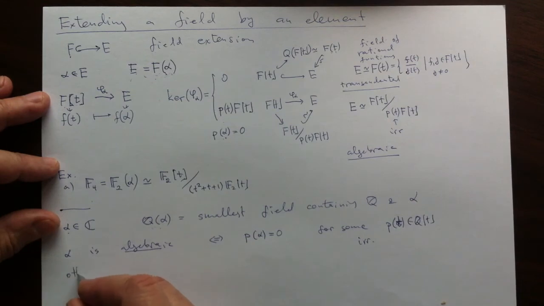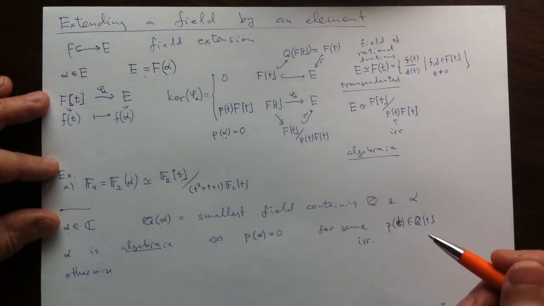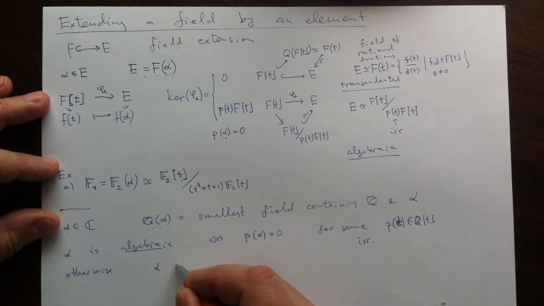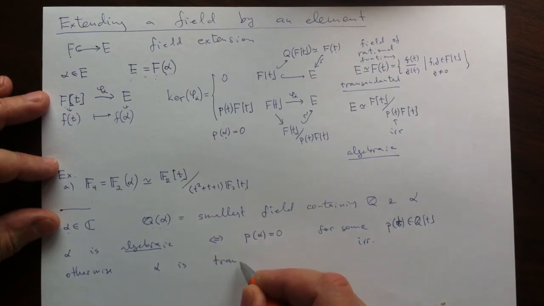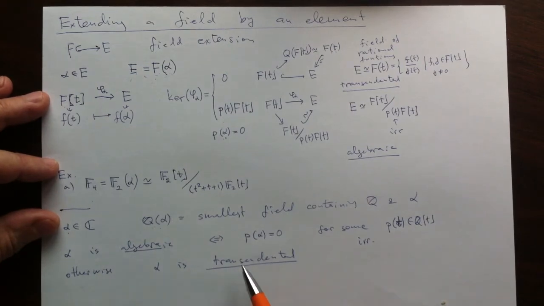And otherwise, if there are no polynomials for which alpha is a root, if alpha is not a root of any polynomial, alpha is called transcendental. And you could see by some counting arguments that the majority of numbers are transcendental. The majority of complex numbers are not roots of polynomials, but really the majority of interesting numbers are. Proving that something is algebraic is relatively easy.